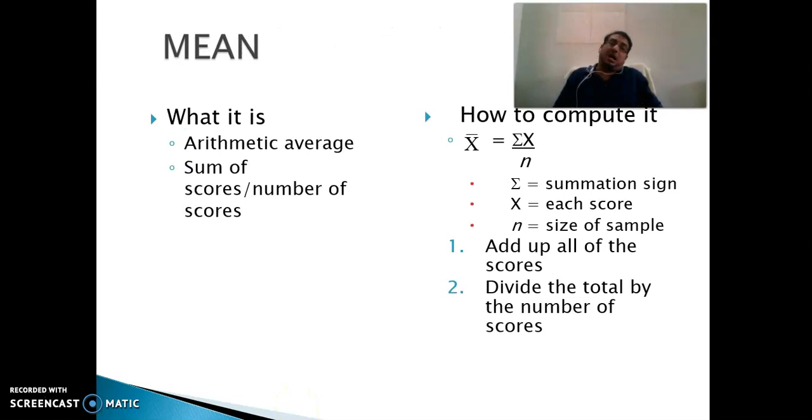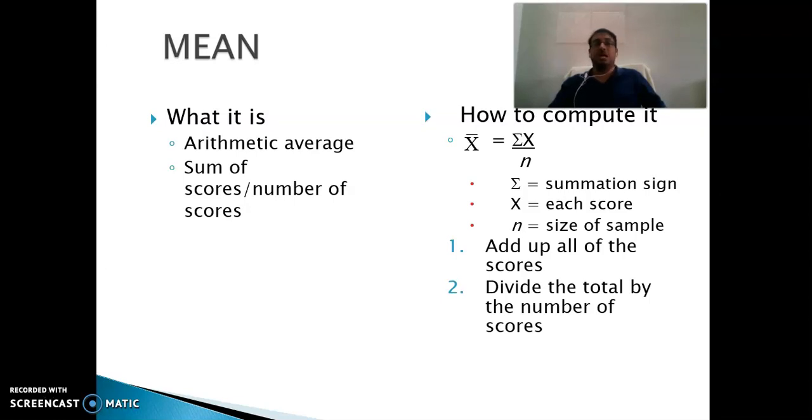Then how can you calculate the mean? Mean is the arithmetic average: the sum of the scores divided by the number of scores. You can see x bar refers to the mean, summation of x, where x is the score of the specific variable, divided by n.